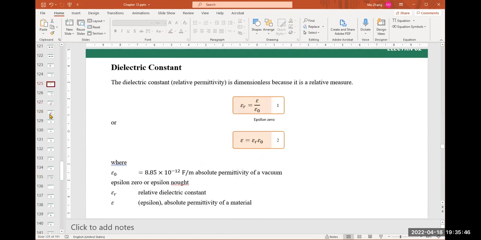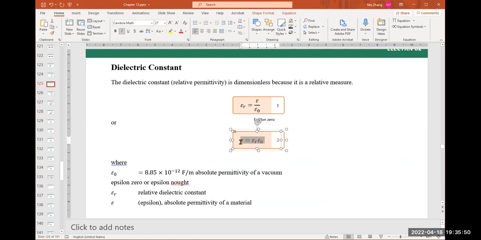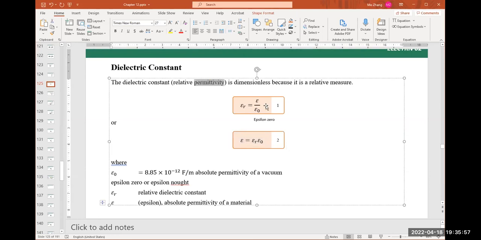So here, this is the formula where epsilon is the permittivity, which means how well this can store charges for that material alone, such as for nylon, for Teflon, for paper, for wax, for oil, whichever the material.